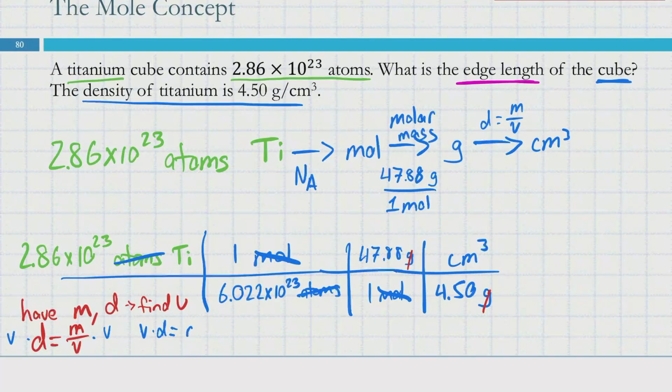Vd equals m. Divide both sides by density. Volume equals mass over density. So we take our mass and we divide it by our density and we get volume. That's what we did anyway. We just did it with a different approach. We did the dimensional analysis path. Okay, and so we'll park at our cubic centimeters. Any questions about any of those steps?